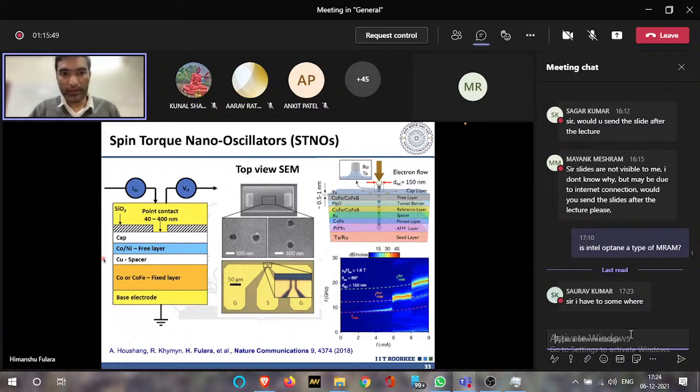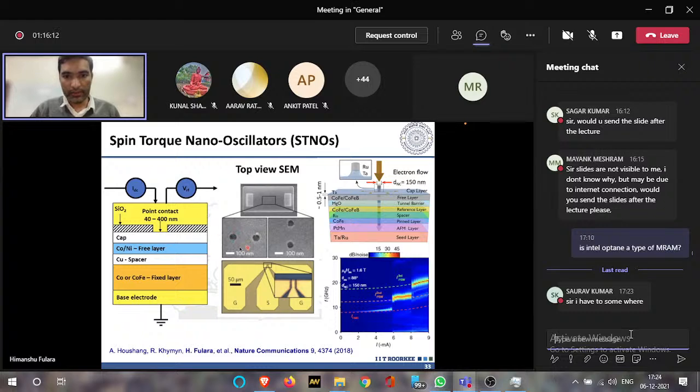So we fabricate these devices into nano contacts. We reduce the area, so the current density at this area is very high. Although our current is very small, the current density is very high, and it is sufficient to excite magnetization dynamics at these nano contacts.